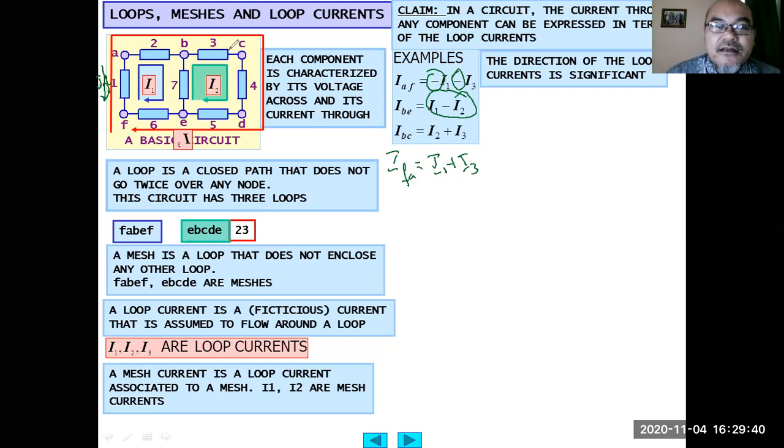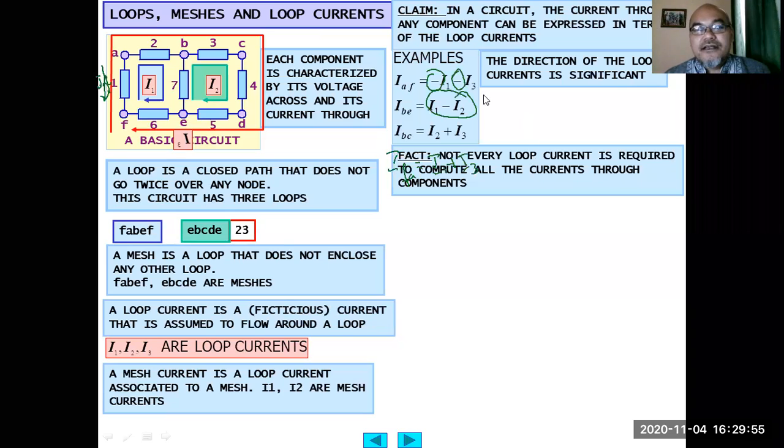IBC here contains two contributions, from I2 and I3, and both have positive direction from B to C. That's why IBC equals I2 plus I3. Okay, clear so far, I hope.